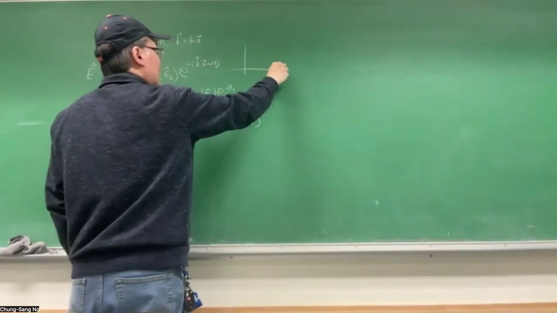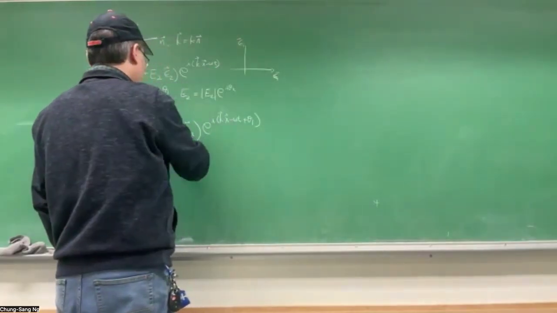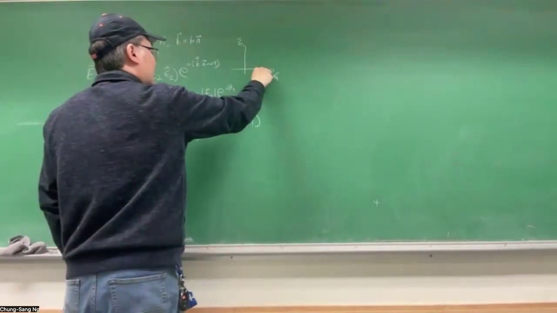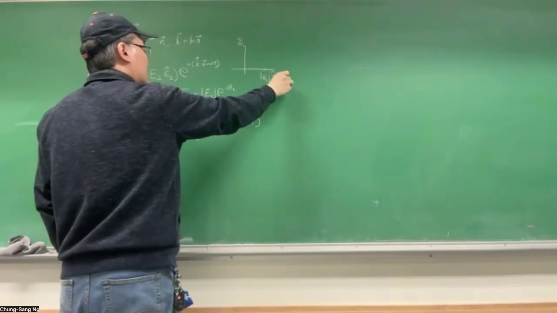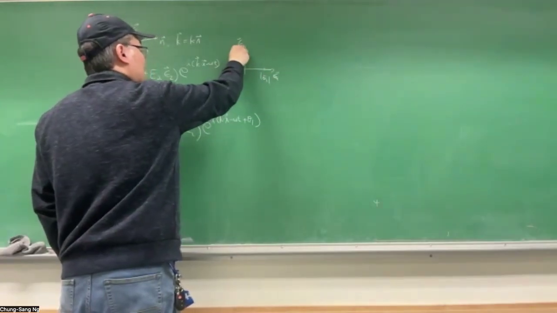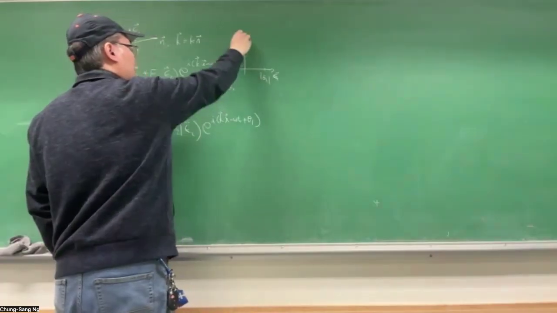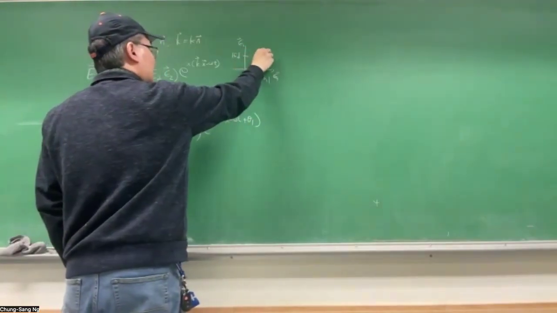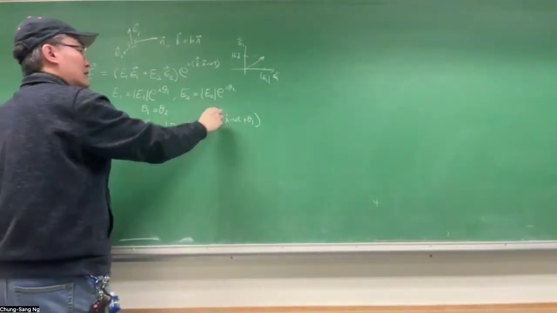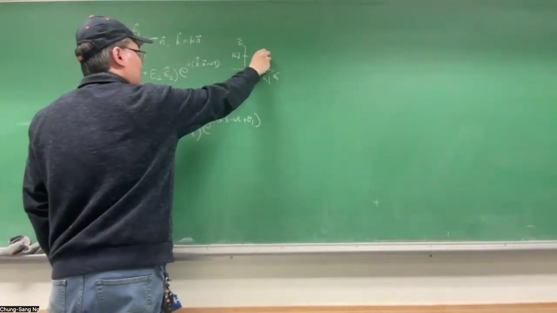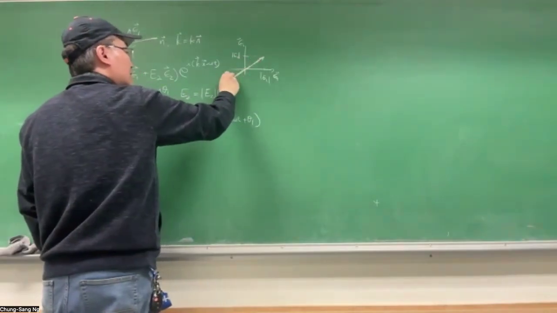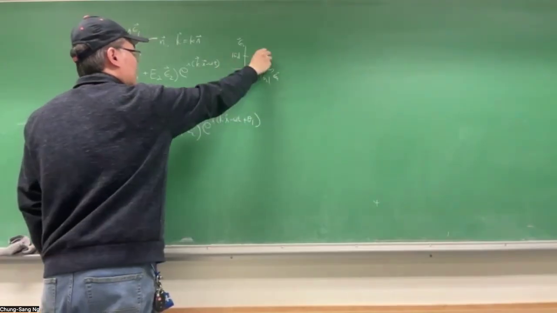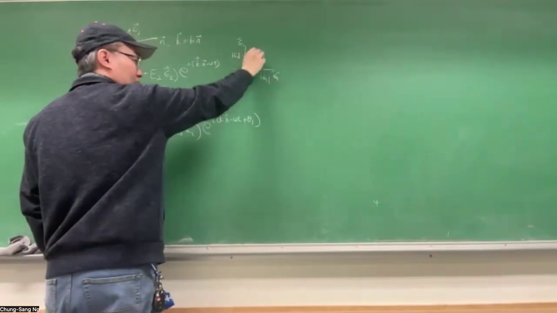So it means that you have a vector in this direction, with epsilon 1 and epsilon 2 components: E sub 1 in the epsilon 1 direction and E sub 2 in the epsilon 2 direction, and this is a vector. This is just describing this direction. The cosine factor just means that the electric field oscillates back and forth, and similarly in the negative direction, because cosine goes positive and negative, and it just oscillates like that.